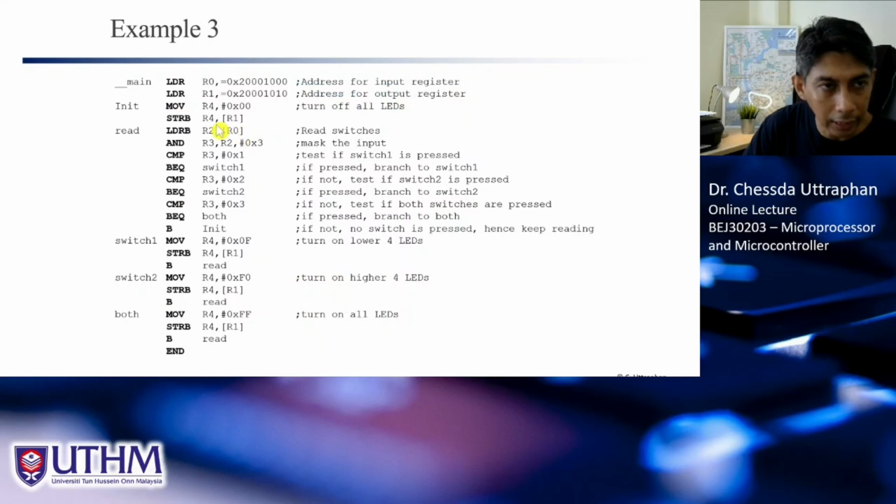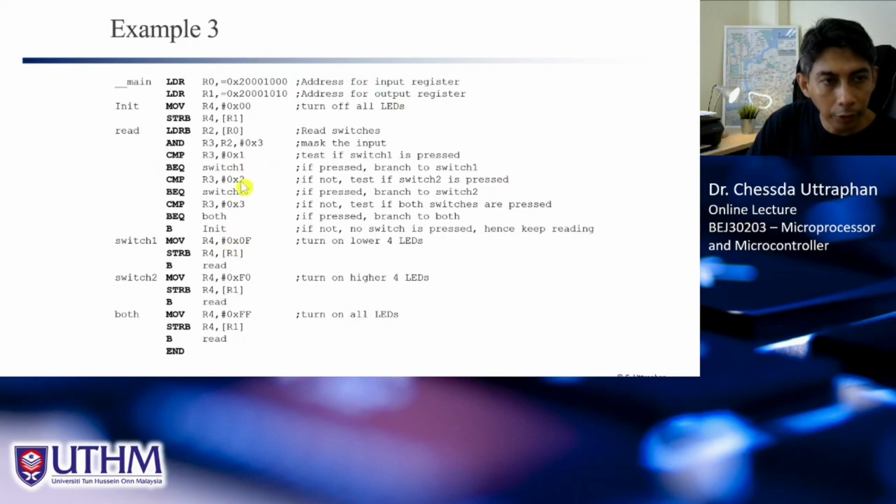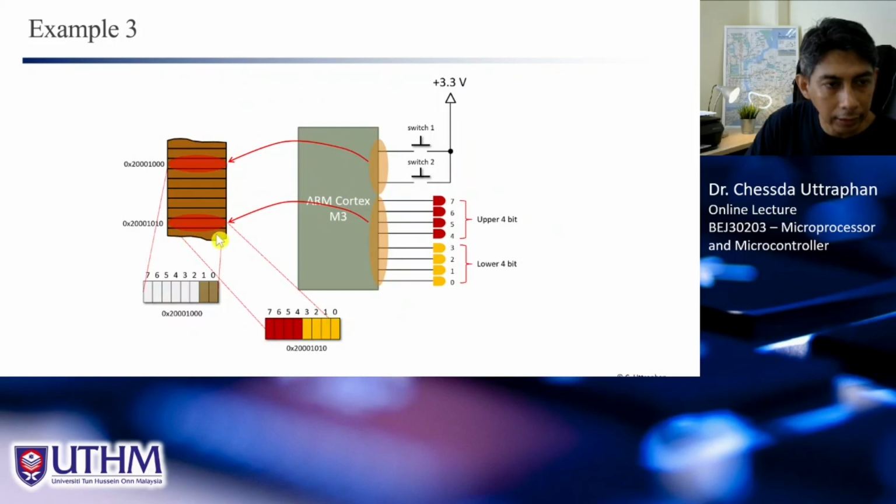Okay, that is easy. Now we want to read the switches. After we turn off all the LEDs, we want to read the switches. First, we want to read whether switch 1 is pressed or not. So how to read the switch? Again, we need to get what is inside this into the microprocessor so that we can process it and check whether it is pressed or not.